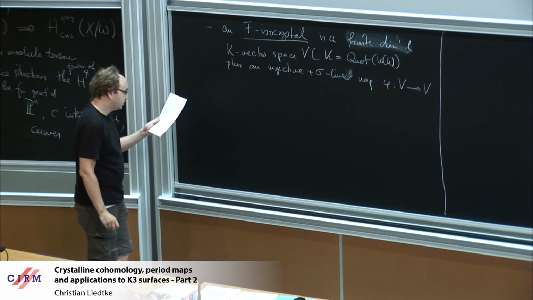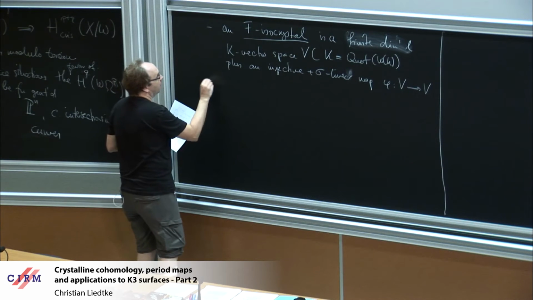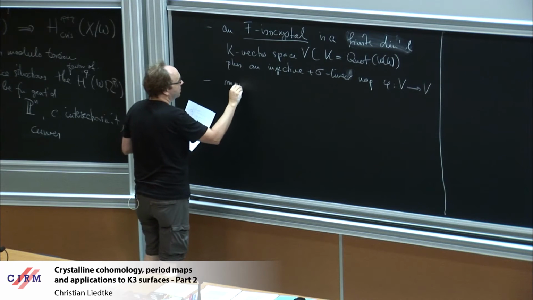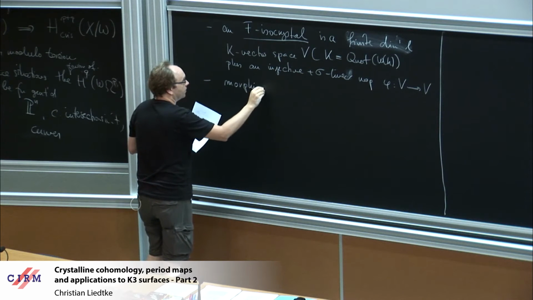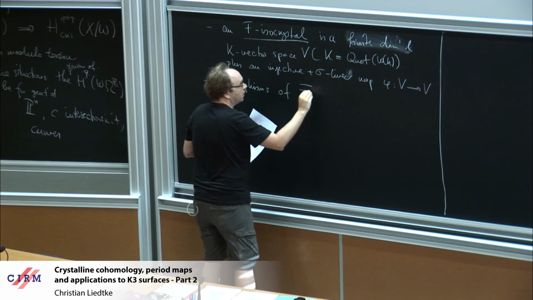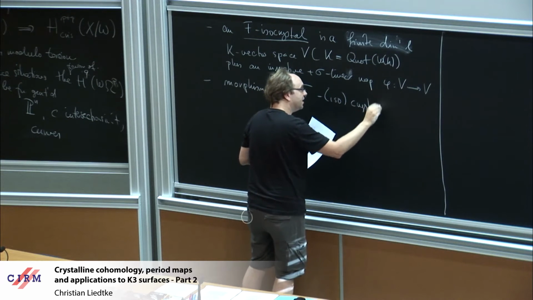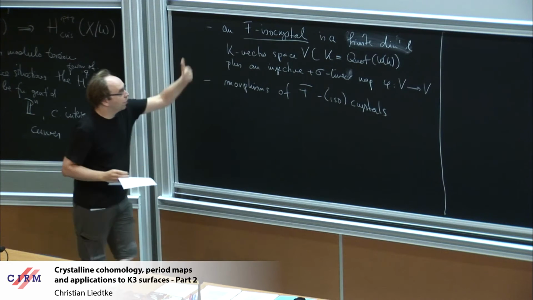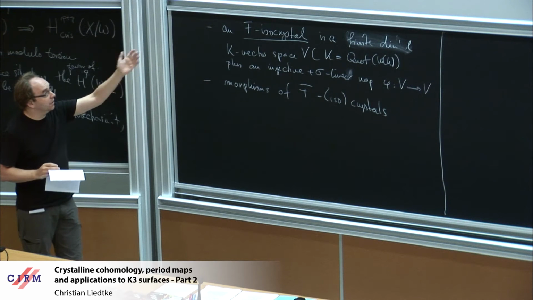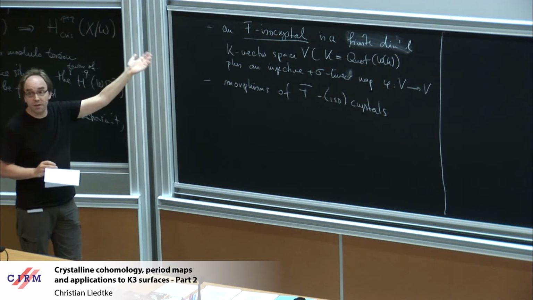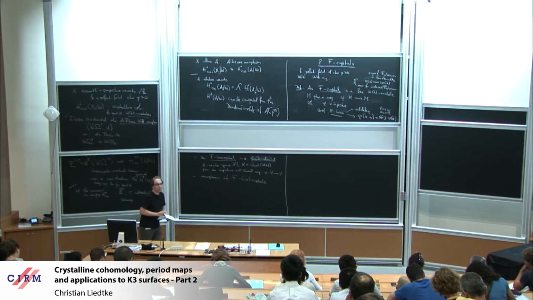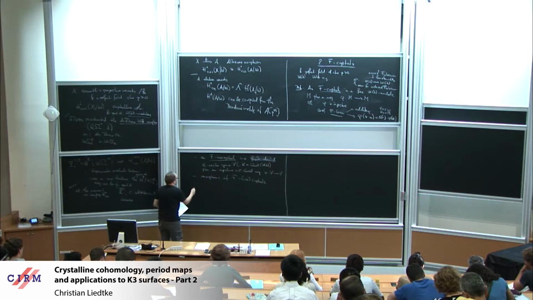And then you can have a notion of morphisms of F-isocrystals. This is precisely what you think it is. It's morphisms from V1 to V2 which are compatible with the sigma-linear actions.